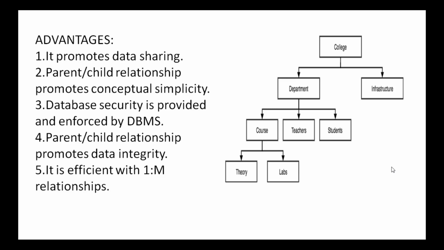This type of relationship also promotes conceptual simplicity. That means by seeing it we can understand very well, it is easy to understand. Database structure security is provided and enforced by the DBMS. And this hierarchical data model is especially efficient with one to many relationships.